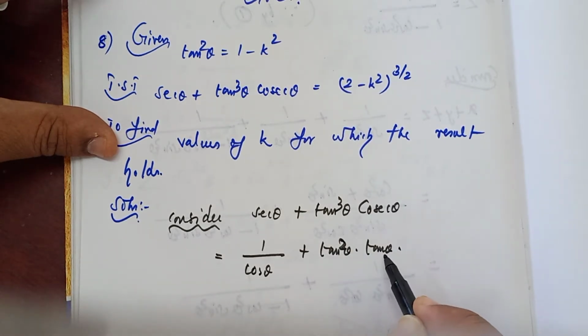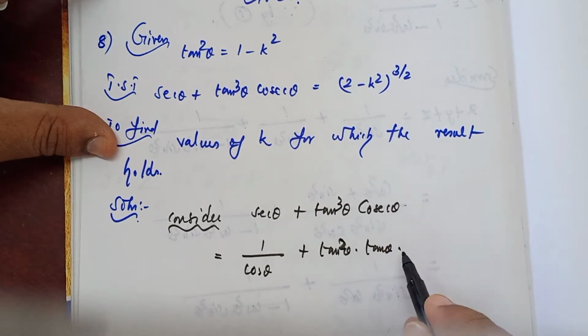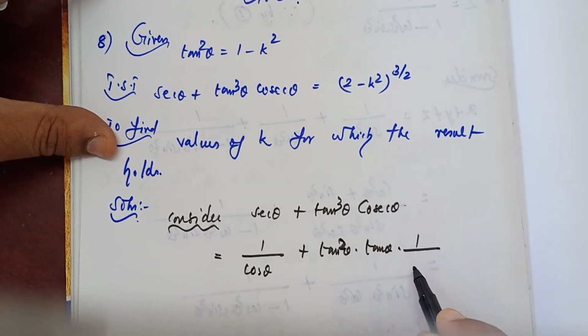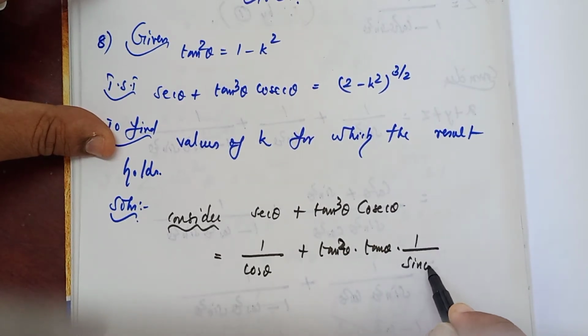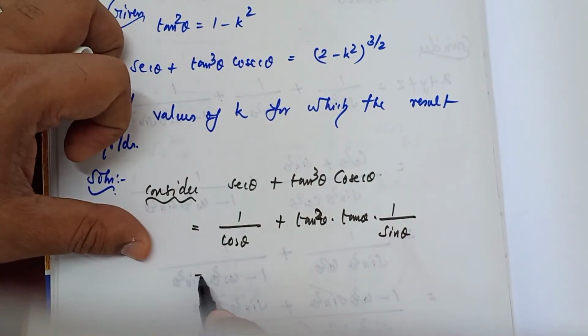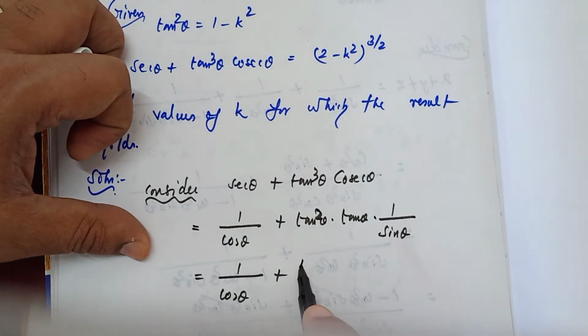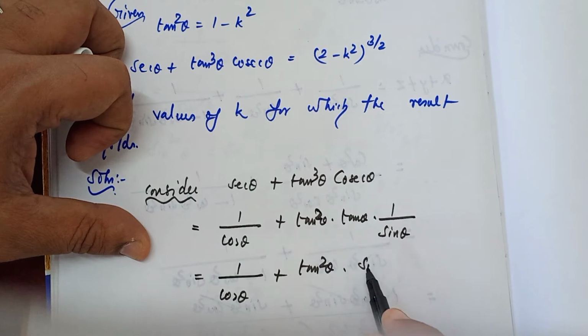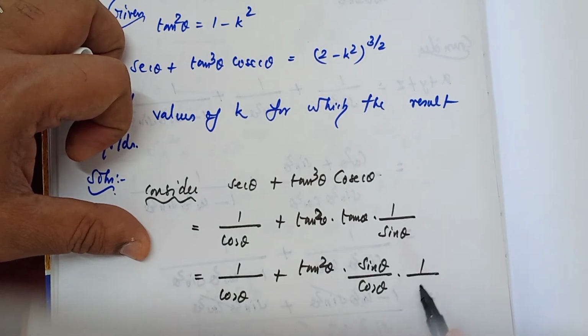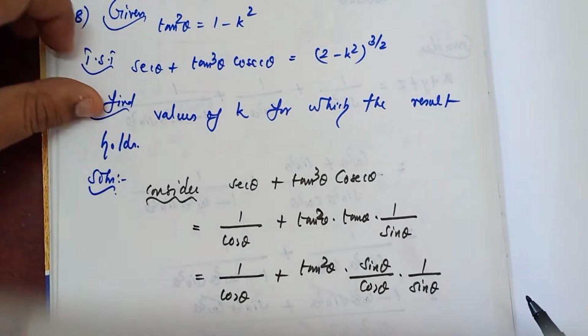Cosecant theta you can write 1 by sin theta. That is equal to 1 by cos theta plus tan square theta into tan theta, equal to sin theta divided by cos theta, into 1 by sin theta.